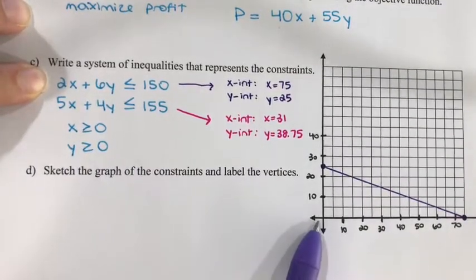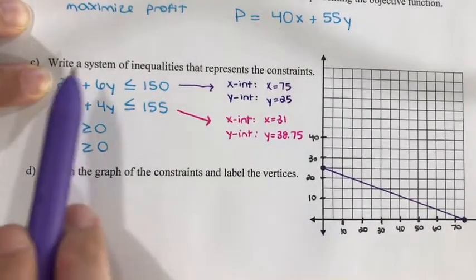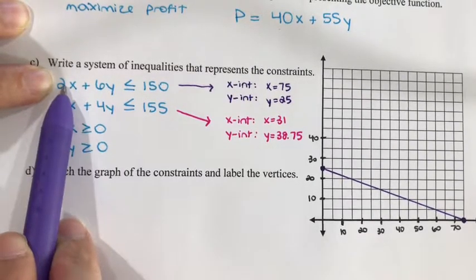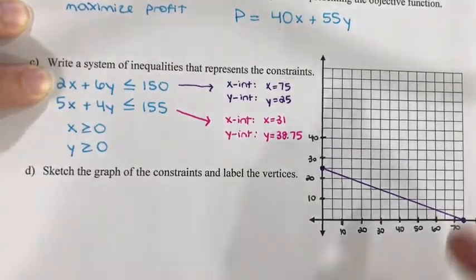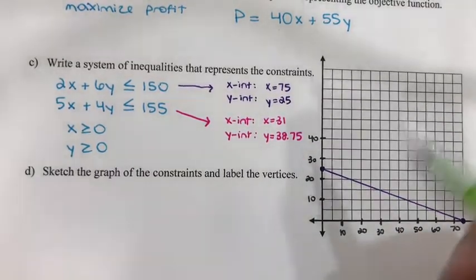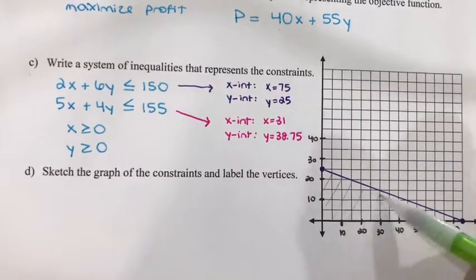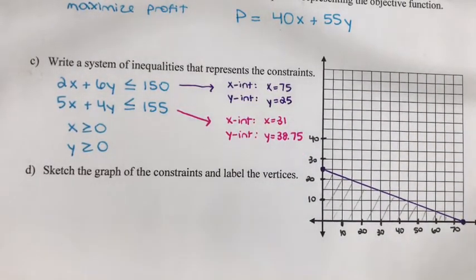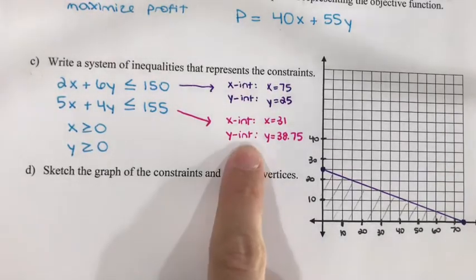If I test 0, 0, which is underneath this line, plugging 0 in for both values, 0 is definitely less than 150. So I'm going to shade toward 0, 0. I'm lightly shading this whole region. Okay, we're done with that first inequality.